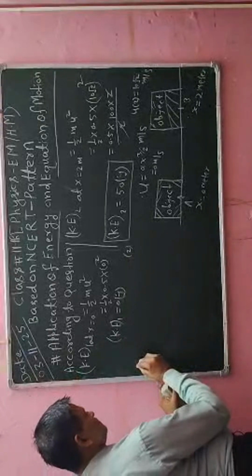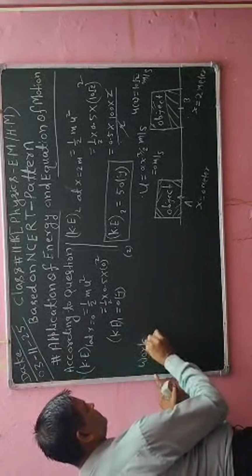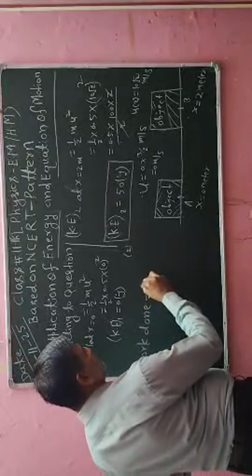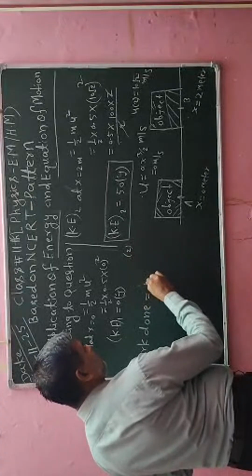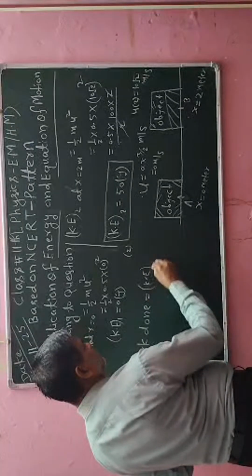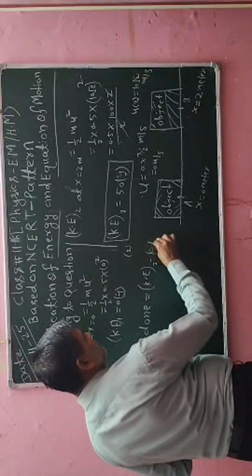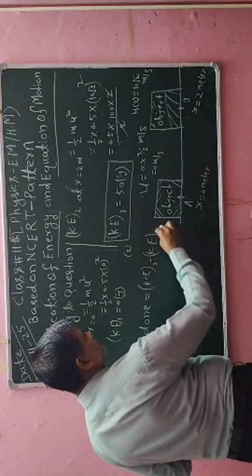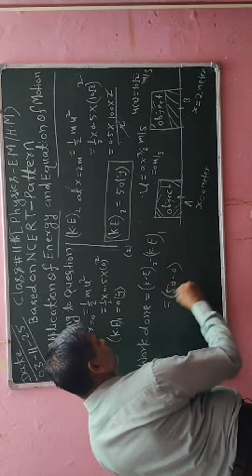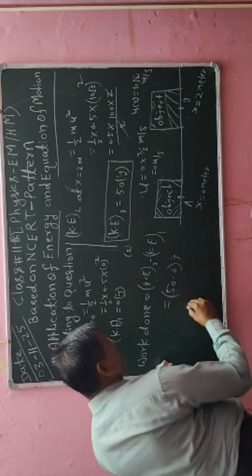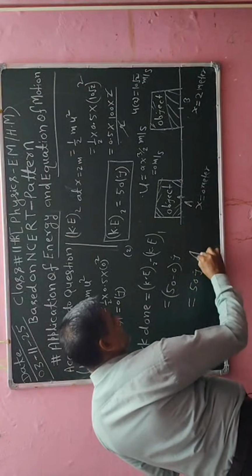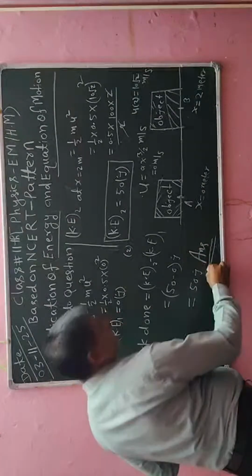So work done will be kinetic energy 2 minus kinetic energy 1. So I will write 50 minus 0 joule. It means that is 50 joule. So this is the answer of my question.